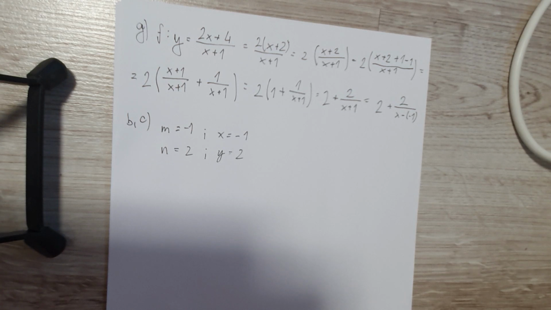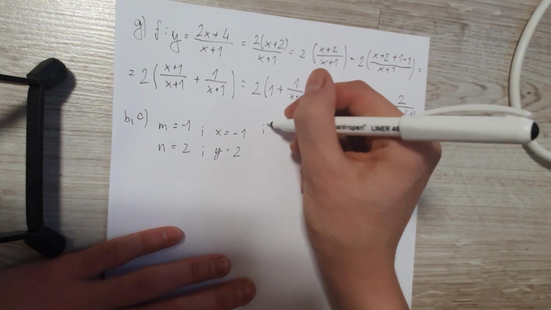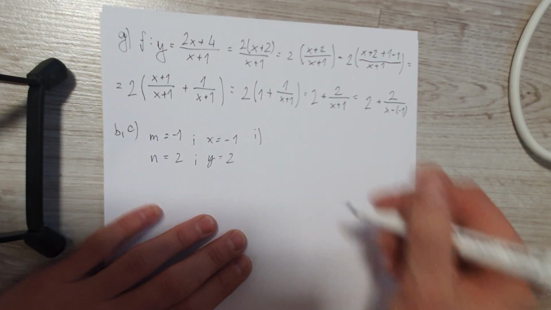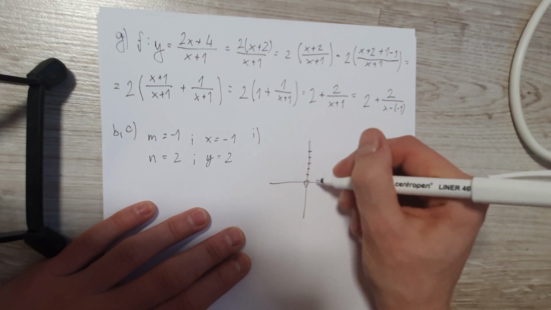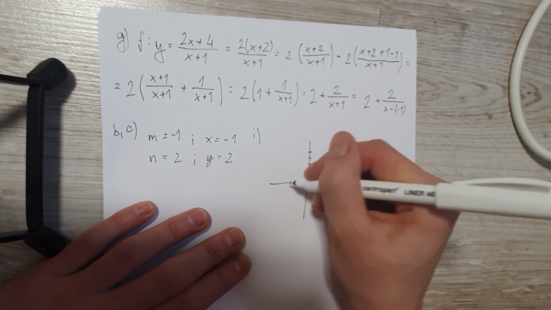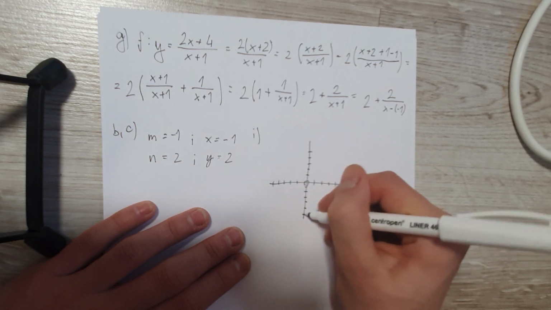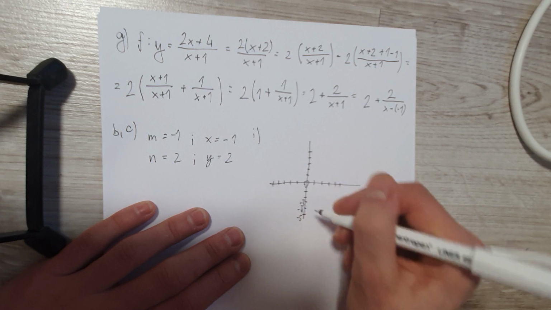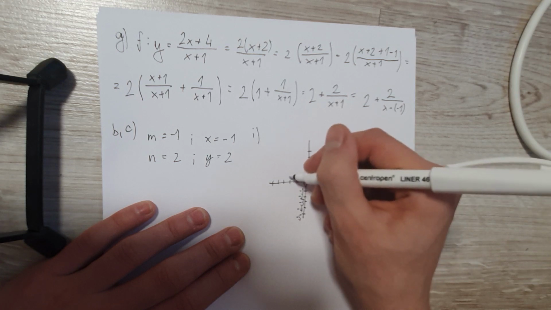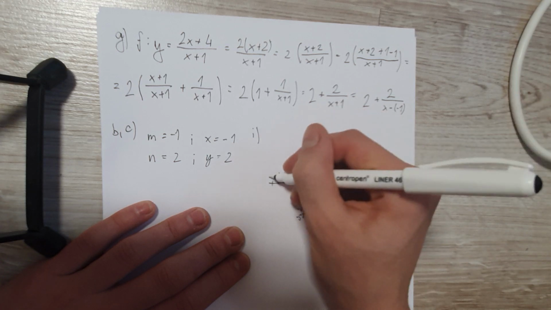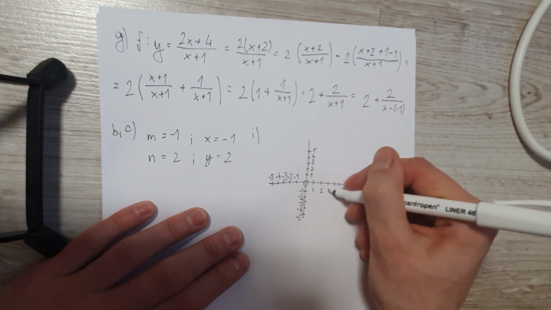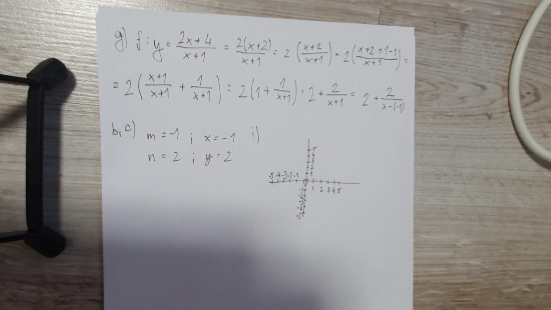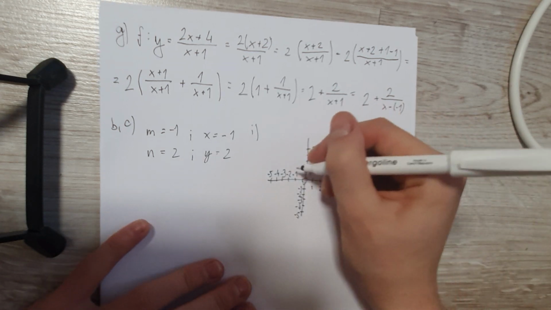Okay, I can now easily draw a graph. So it's part I. I will write the horizontal and vertical asymptote in the graph, where the horizontal asymptote is on number 2, so it's right here.